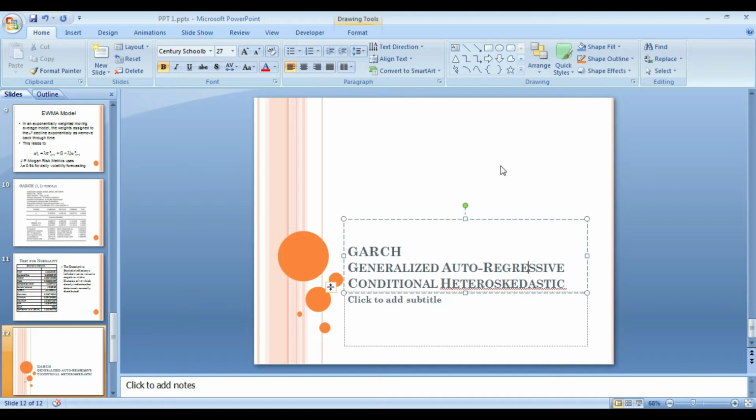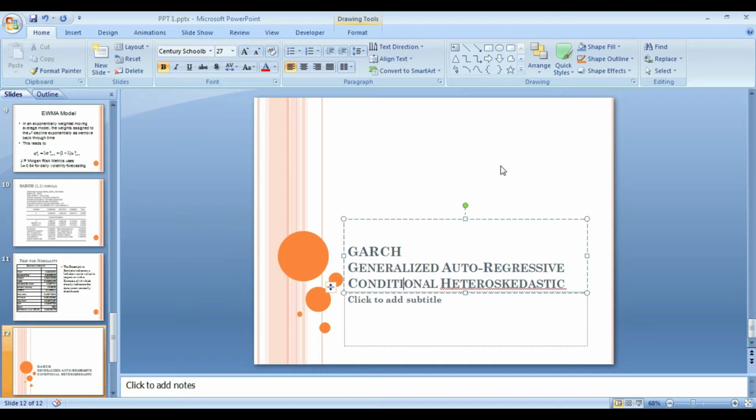I am regressing the dependent variable on myself only. So regressing a certain variable on itself is called autoregressive.